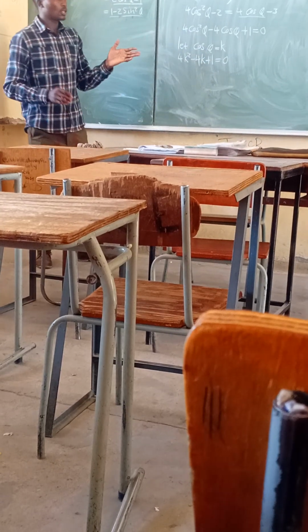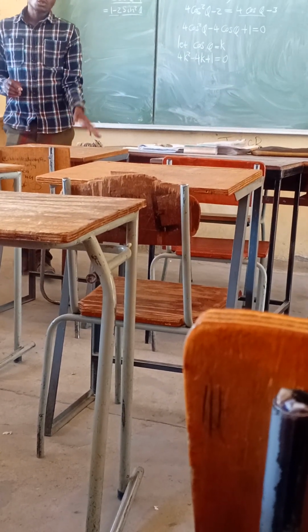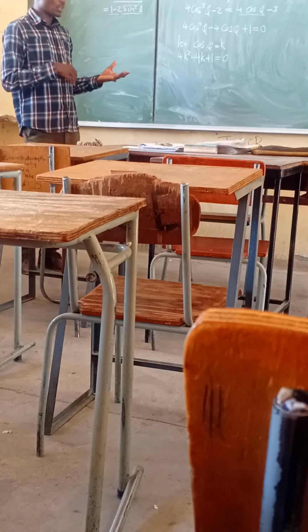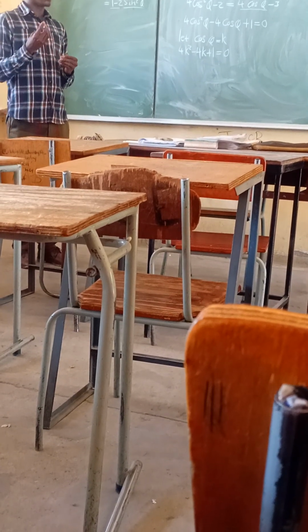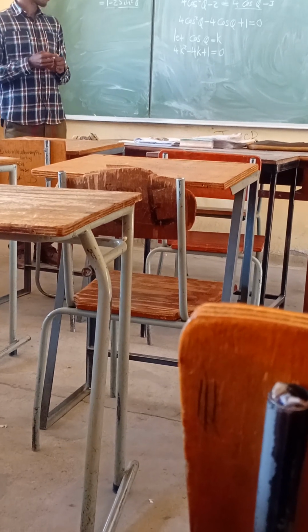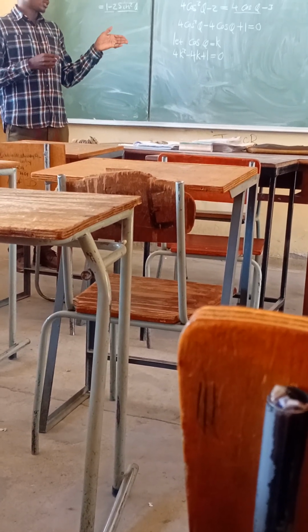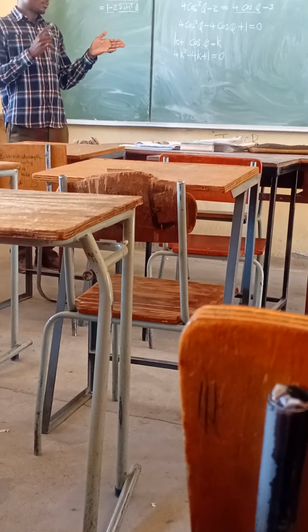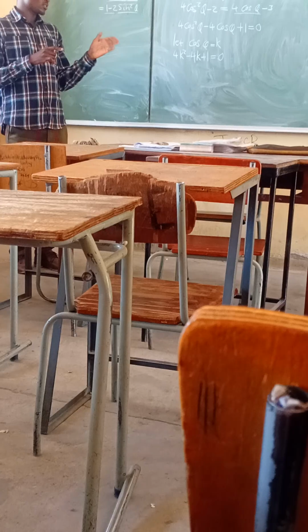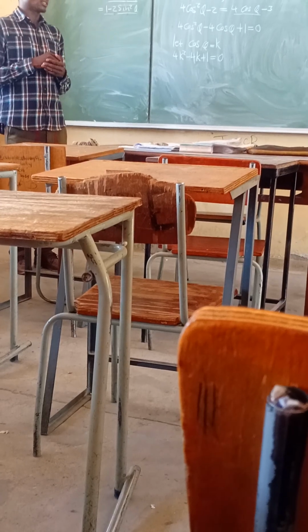So when you reach here, you can then use a quadratic, or are we able to simplify this to use factorization? Are we able to take two numbers that will give us a 4 when we multiply, and two numbers that will give us a negative 4 when we add?